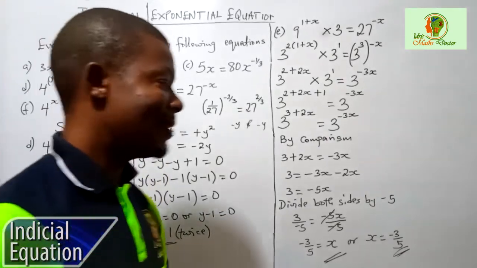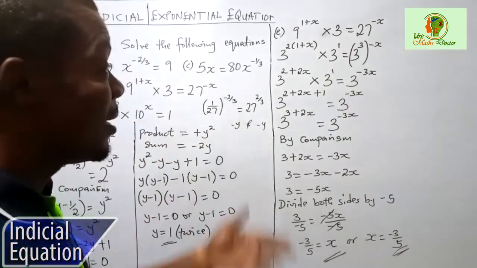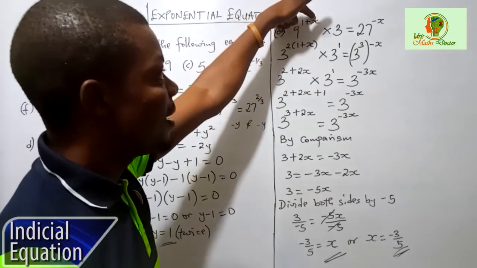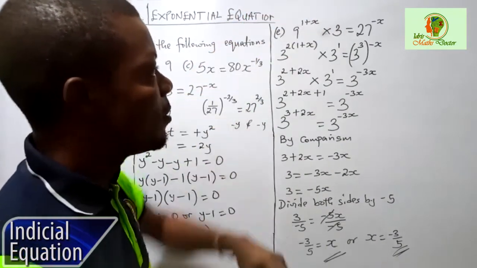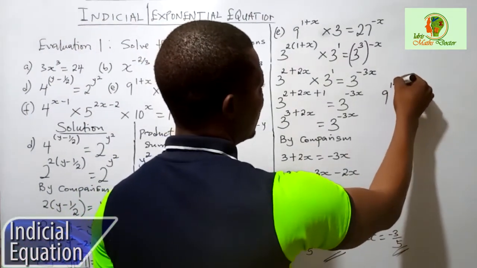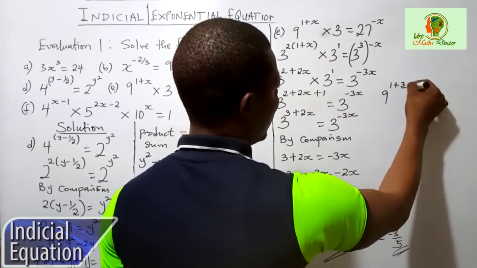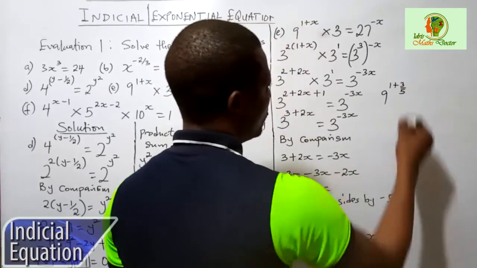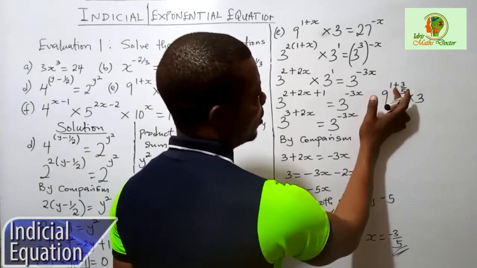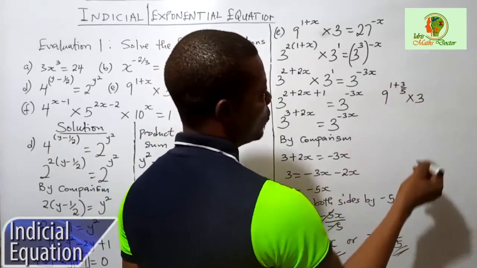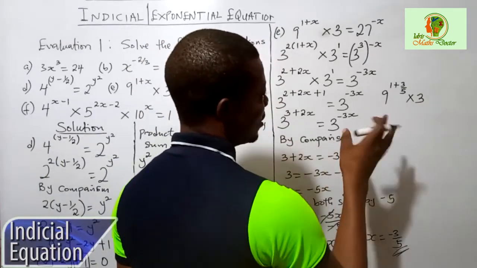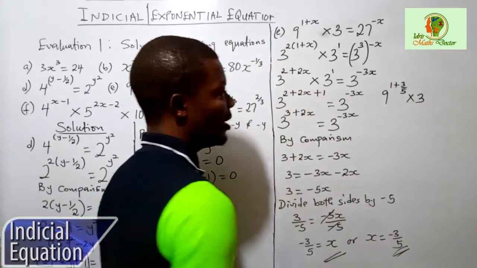So we can check. Let me quickly do the checking. If I put minus 3 over 5 here, plus times minus will give me minus, and when you solve, 9 raised to power 1 plus 3 over 5, multiplied by 3, that is the left hand side. 1 plus 3 over 5 will give you one whole number, 3 over 5, we change it to improper fraction. 1 times 5 is 5 plus 3, 8.